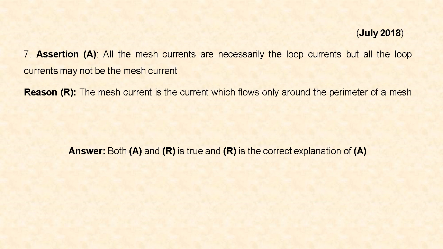We know that mesh is a loop which has no inner loops. So all the mesh currents are loop currents, but all the loop currents may not be the mesh current is correct. And also mesh current is the current that flows around the perimeter of a mesh. This is also correct. So both assertion and reason are correct, and reason is the correct explanation of assertion.